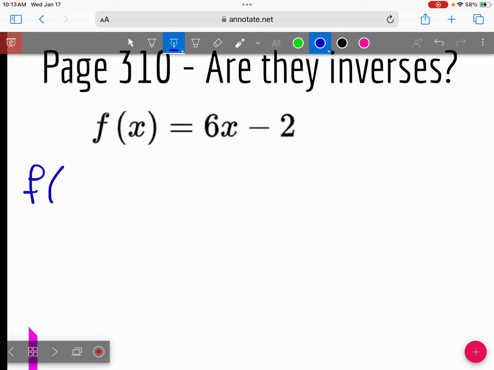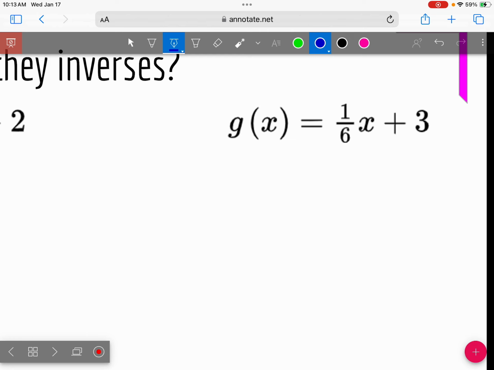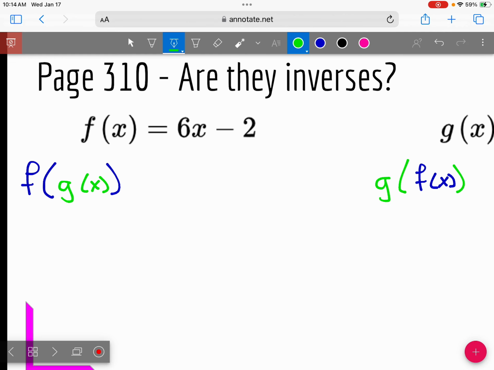We're going to do f of g of x and g of f of x. So we're going to substitute this in.